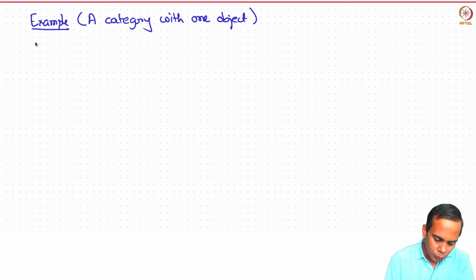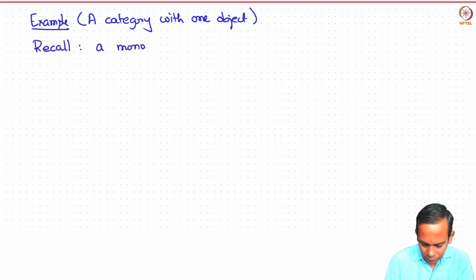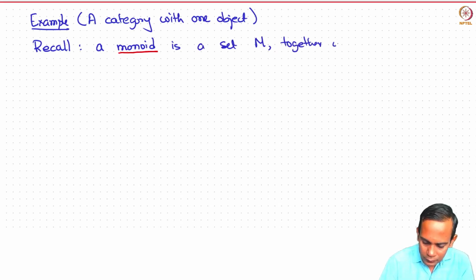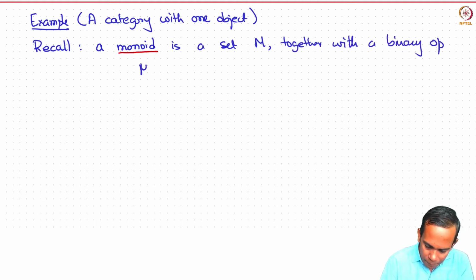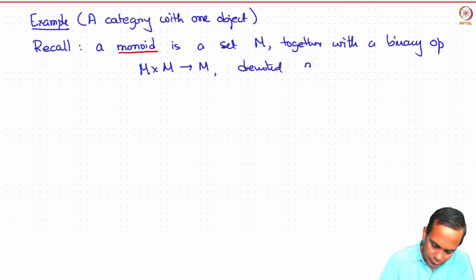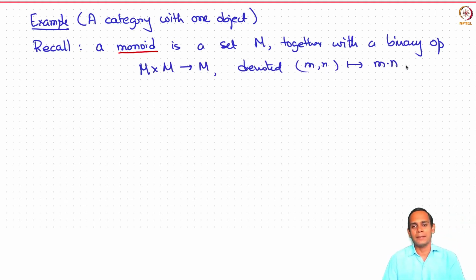So recall that a monoid is an algebraic structure. It's a set M together with a binary operation M cross M to M, usually denoted (m, n) goes to m dot n or just mn, satisfying just two axioms.